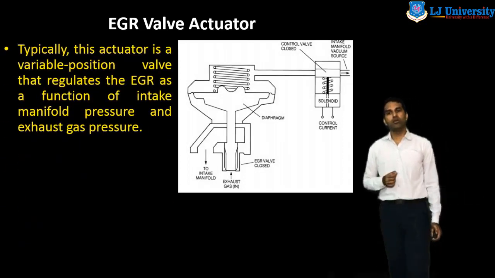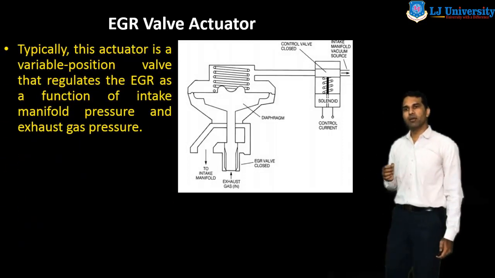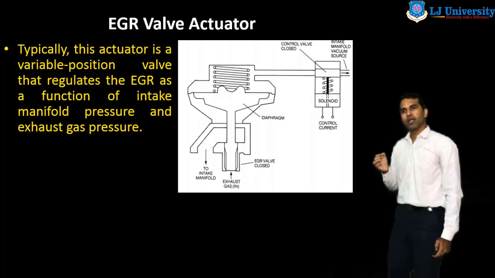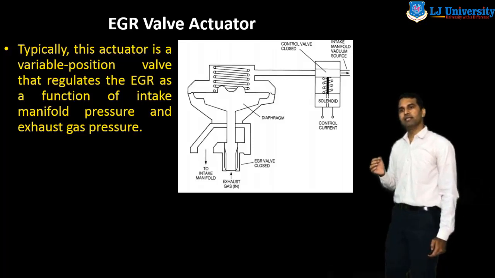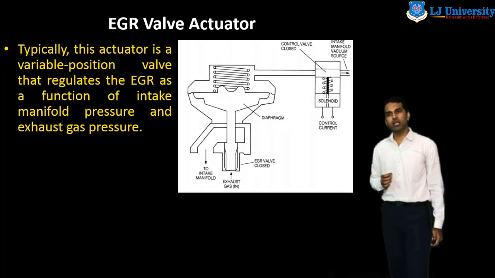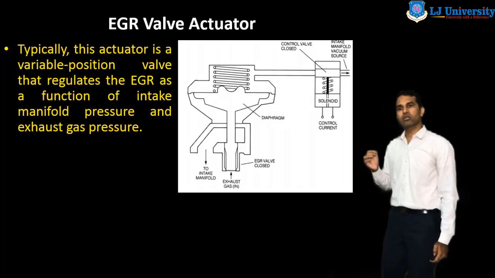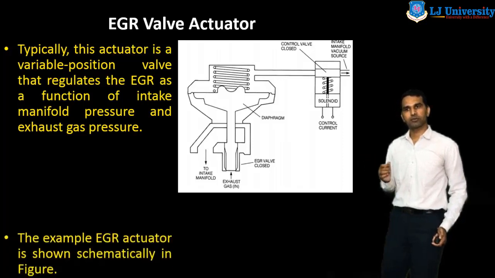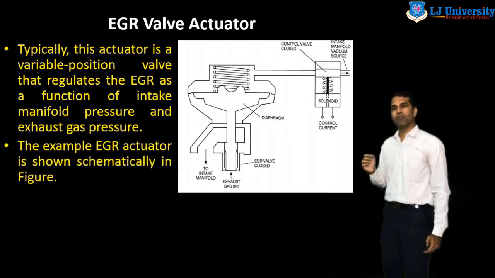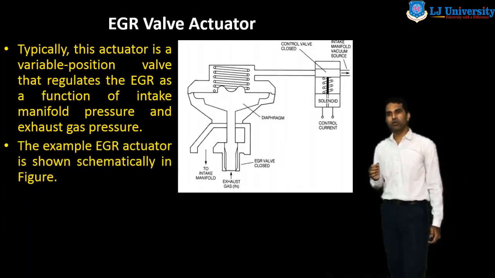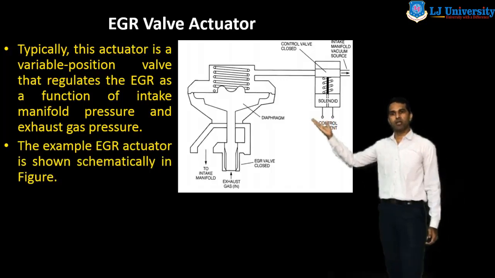Typically, this actuator is a variable position valve that regulates the EGR as a function of intake manifold pressure and exhaust gas pressure. The example EGR actuator is shown in this schematic.